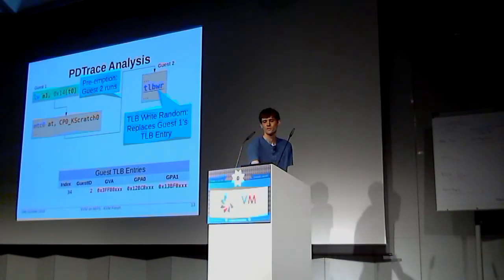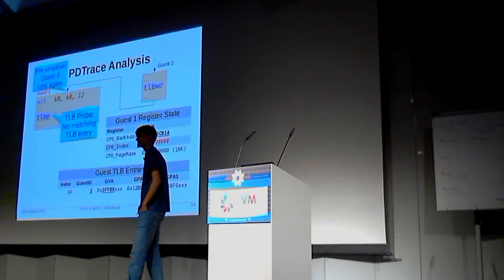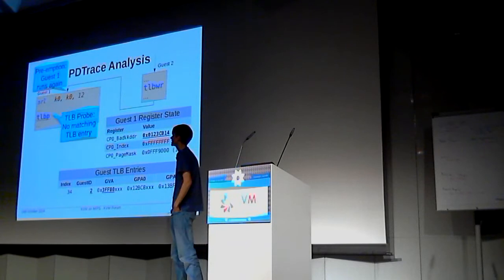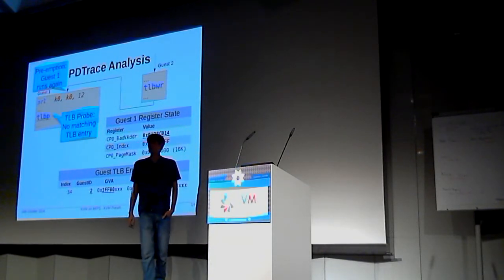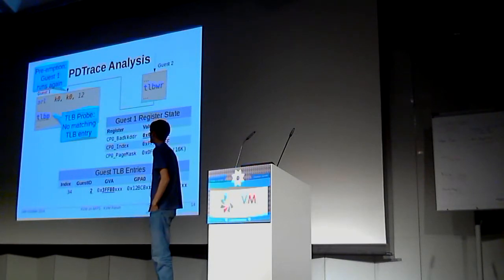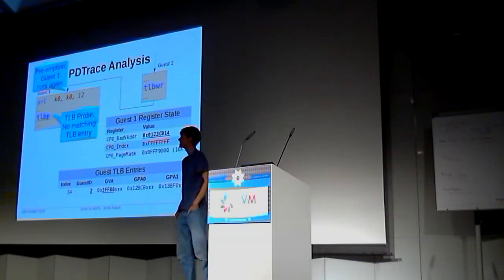And so, when the first guest got to execute again a bit later, it still thinks that that TLB entry exists. It does a TLB probe, which writes the index register with the index of the TLB that matches the address. But of course, none of them match now. So the high bit gets set, so it's invalid.